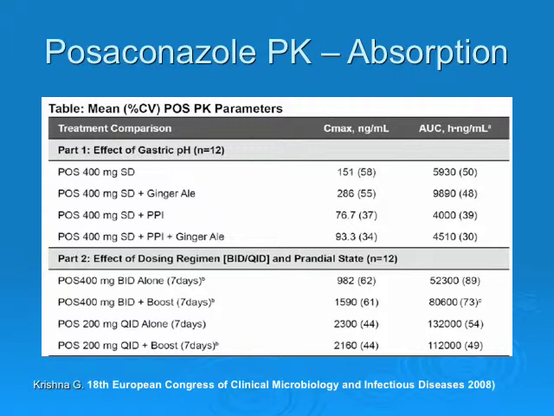And here's some data about the frequency of the drug and whether or not you take it with food. You can see 400 milligrams twice a day alone is a substantially lower AUC than if you take it with Boost. 200 milligrams 4 times a day alone is dramatically better absorbed than the 400 milligrams twice a day.